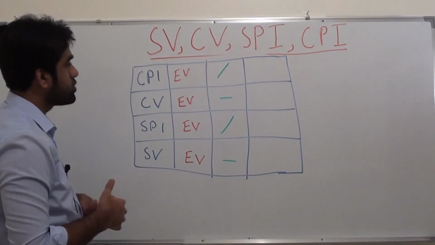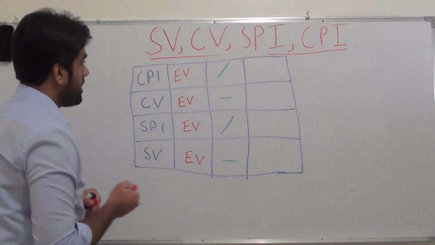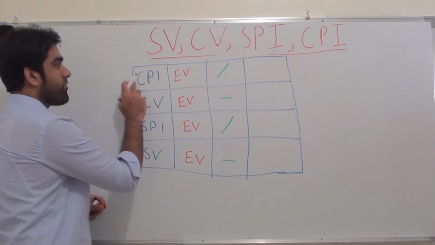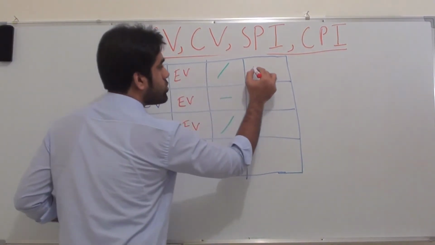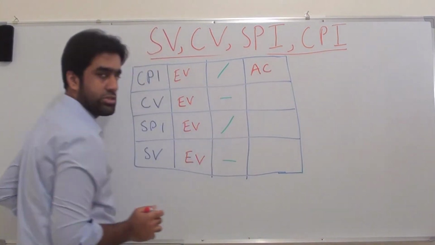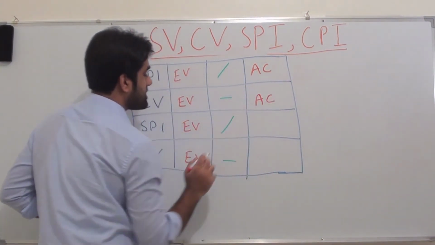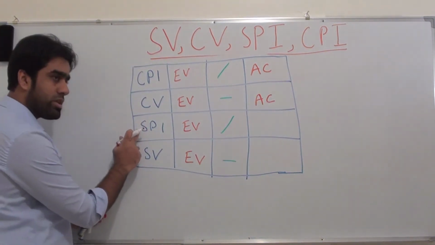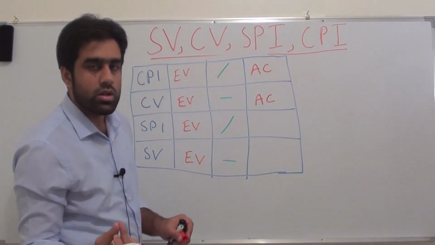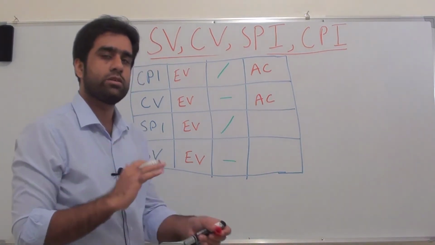Okay, so the last thing. In case of cost, we will always use AC, actual cost. In case of schedule, we will always use planned value, because planned is something related to schedule.